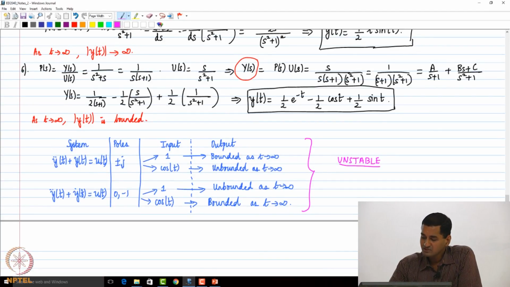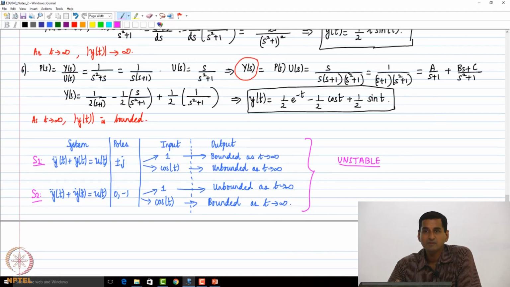But it so turns out that the first system, let me call them S1 and S2, the first system S1, the output is unbounded only if we give a sine t or a cosine t as the input. For unit step input or any other bounded input like a sine or a cosine of any other angular frequency other than 1, you can show that the output is going to be bounded.